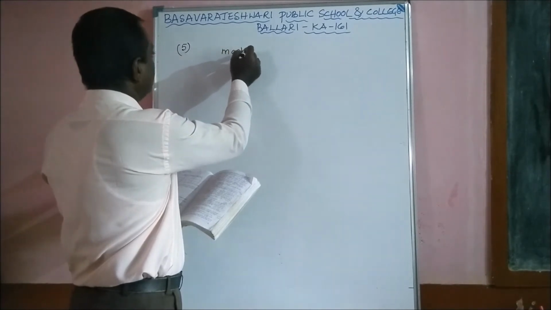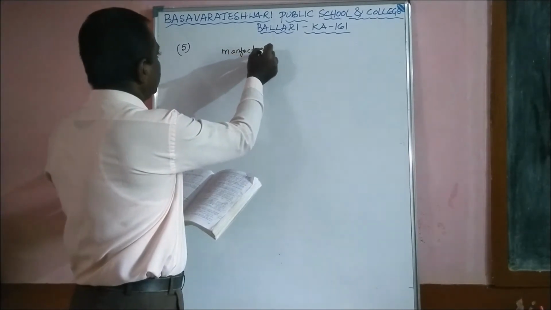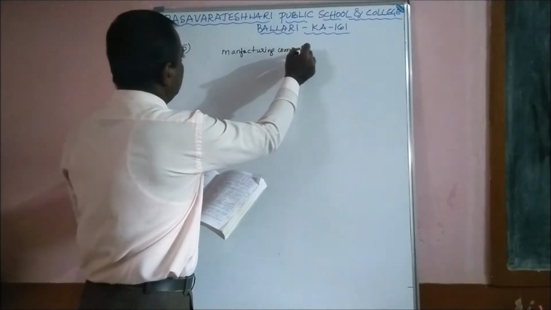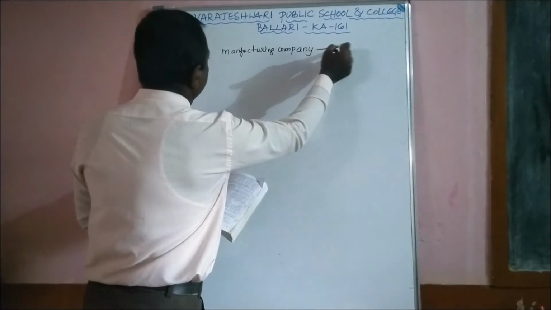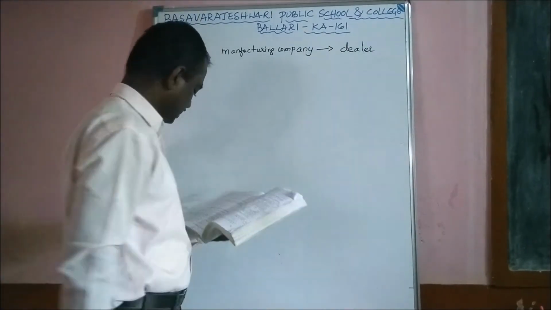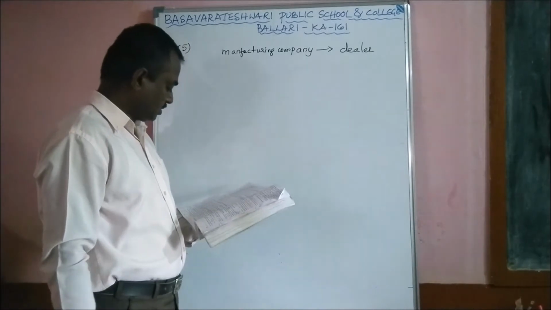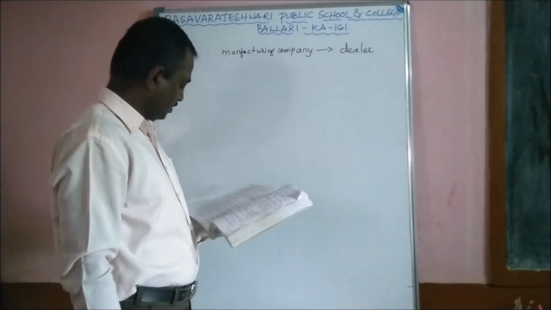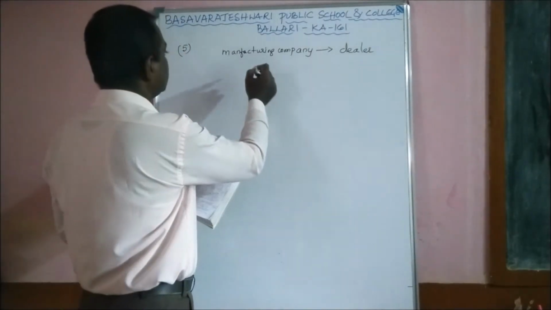Manufacturing company given to dealer. So how much is the CP of that product? Coming from cost, so base 25,000.